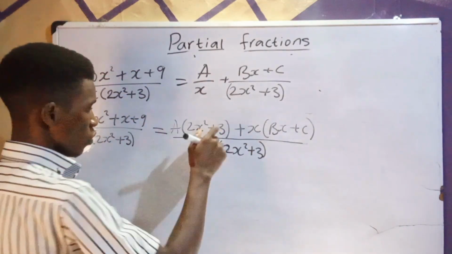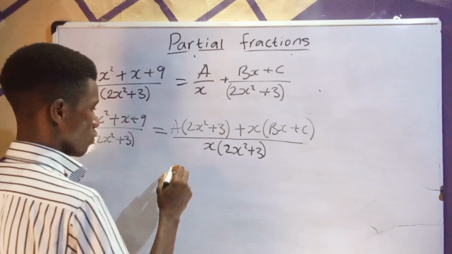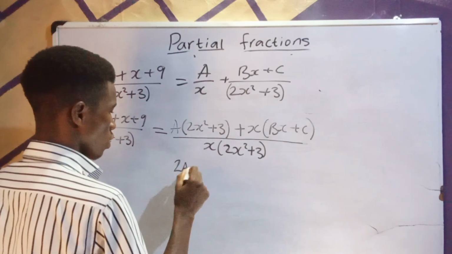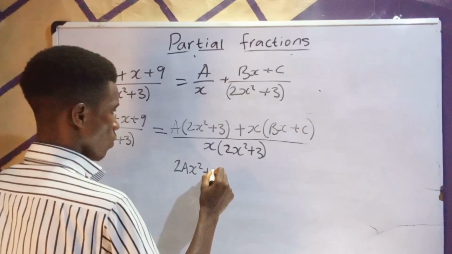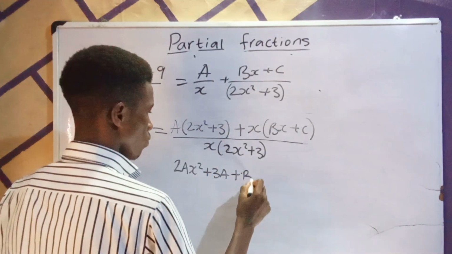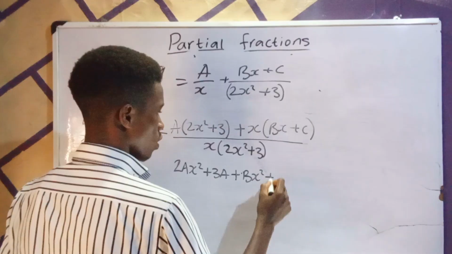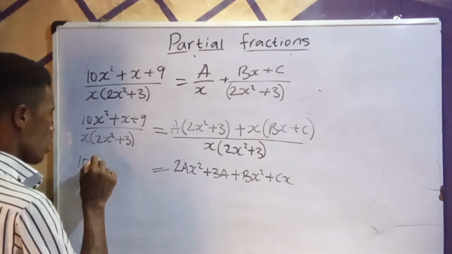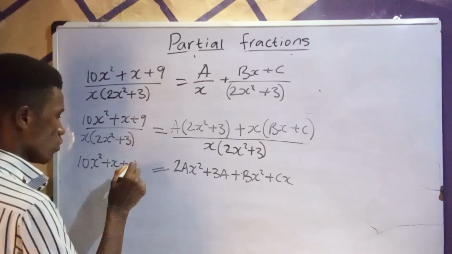Right, so we open all the brackets. So we have 2Ax squared plus 3A plus Bx squared plus Cx. This is equal to 10x squared plus x plus 9.